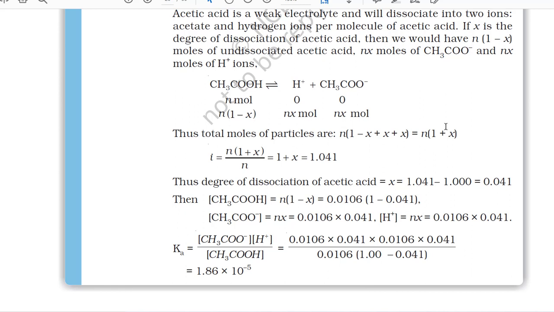Acid constant is equal to CH3COO minus into H plus upon CH3COOH, which is equal to 0.0106 into 0.041 into 0.0106 into 0.041 upon 0.0106(1 minus 0.041), which is equal to 1.86 into 10 raised to minus 5.